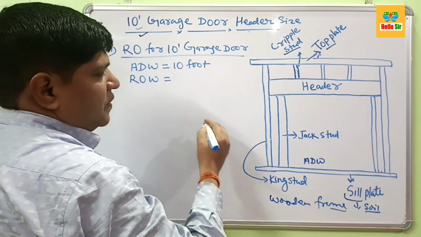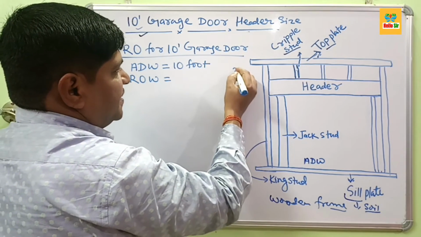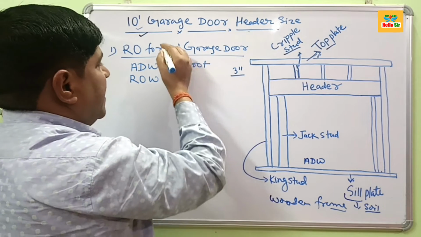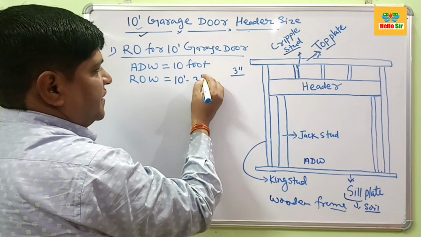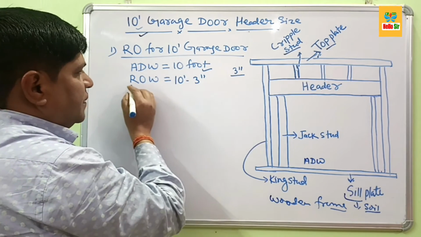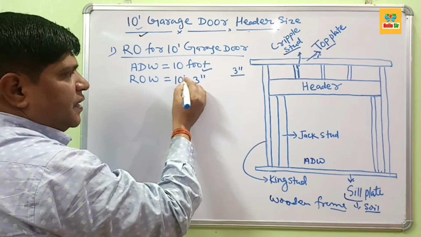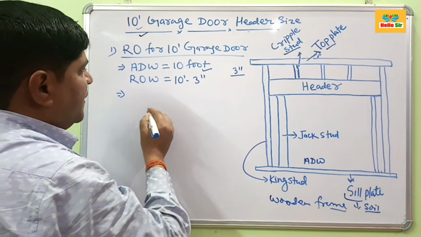You must remember the rough opening width is about 3 inches more than the actual door width. That's why it is 10 foot 3 inches. The actual door width is about 10 foot, so the rough opening width will be 10 foot and 3 inches. This one. And what will be the rough opening height?